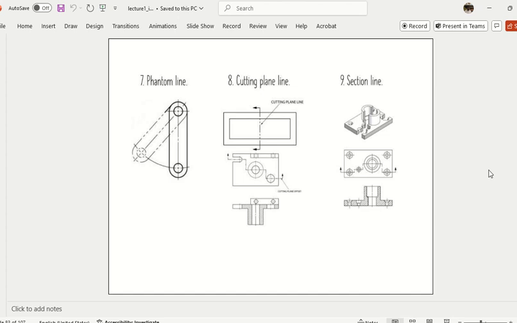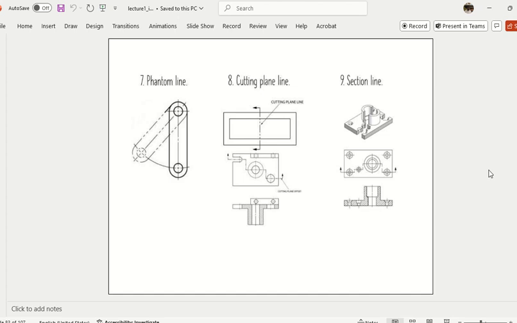You can see number 8. This is my cutting plane line. Okay. So this is the location where I am cutting, and from where I am looking at, the arrow shows the side. The line shows the location. Okay? Clear? Okay.